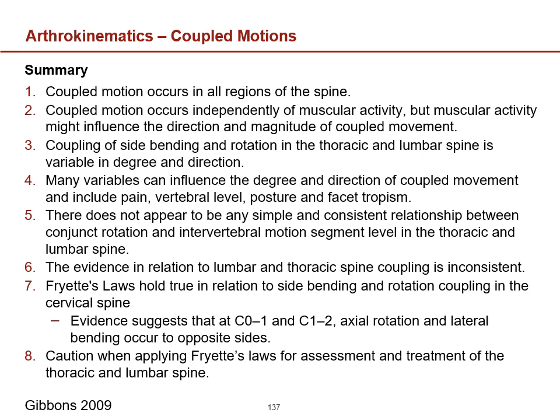The evidence suggests that C0-C1 and C1-C2 axial rotation and lateral bending occur to opposite sides, so they demonstrate type 1 coupling, versus the cervical segments below, which demonstrate type 2 coupling, the same-side motion. And this has been presumed due to the orientation of the gaze of the individual, almost like the head righting reflex.